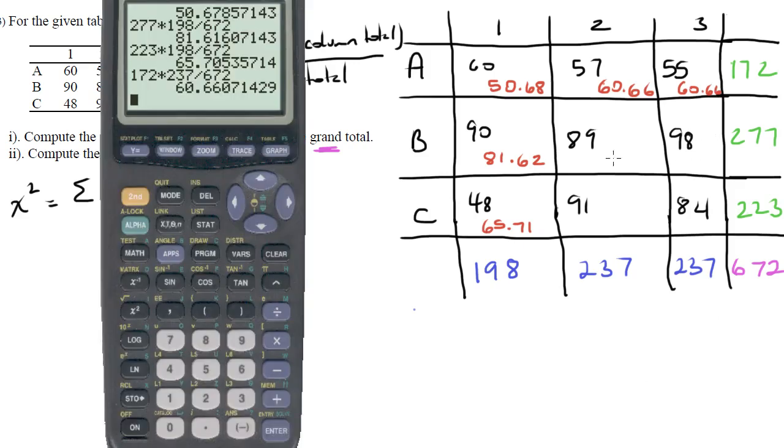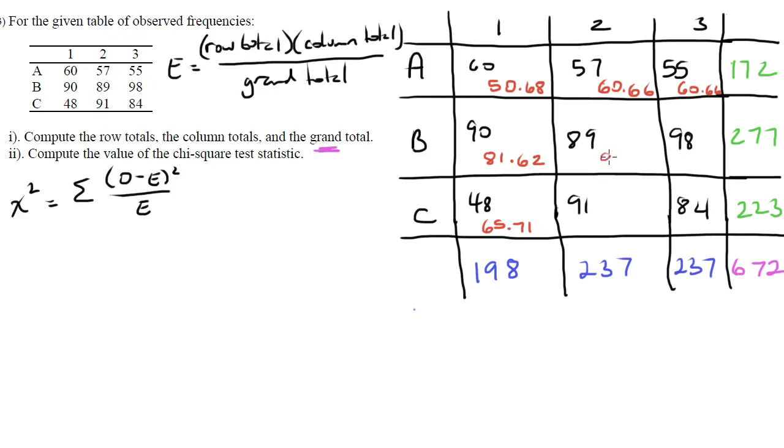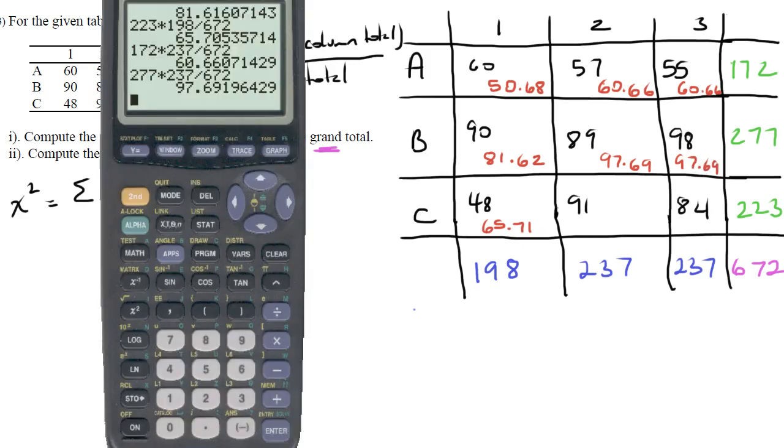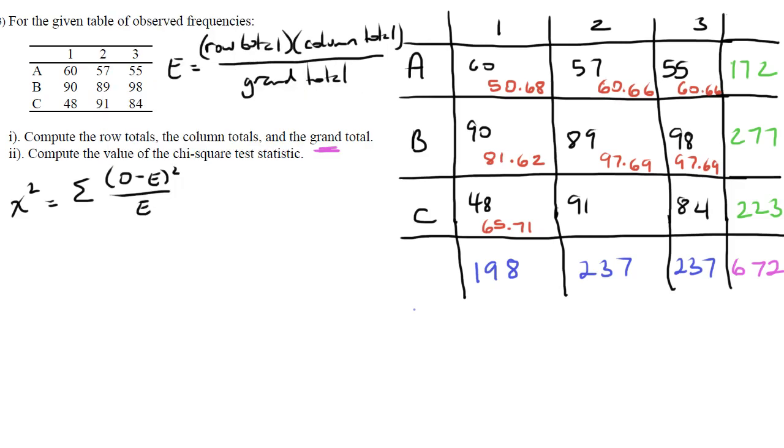Okay, next one, 277 times 237 divided by 672, 97.69. And the same here. A lot of numbers, right? 223 times 237 divided by 672, 78.65.